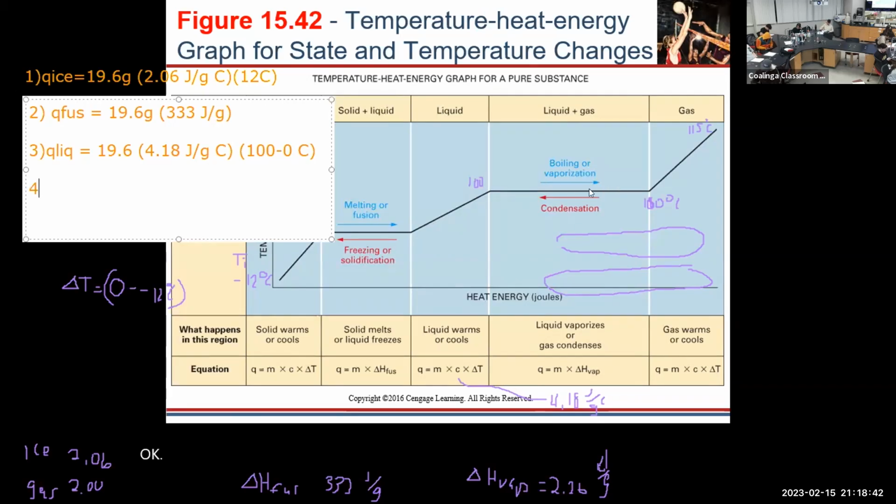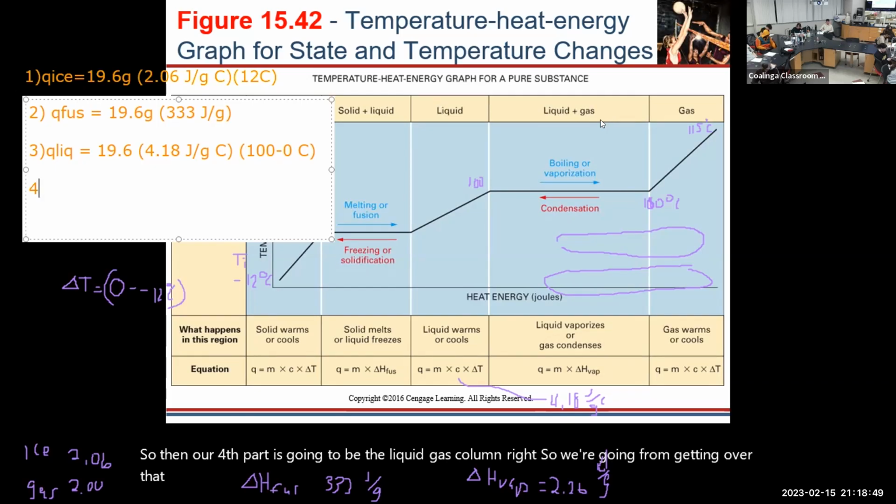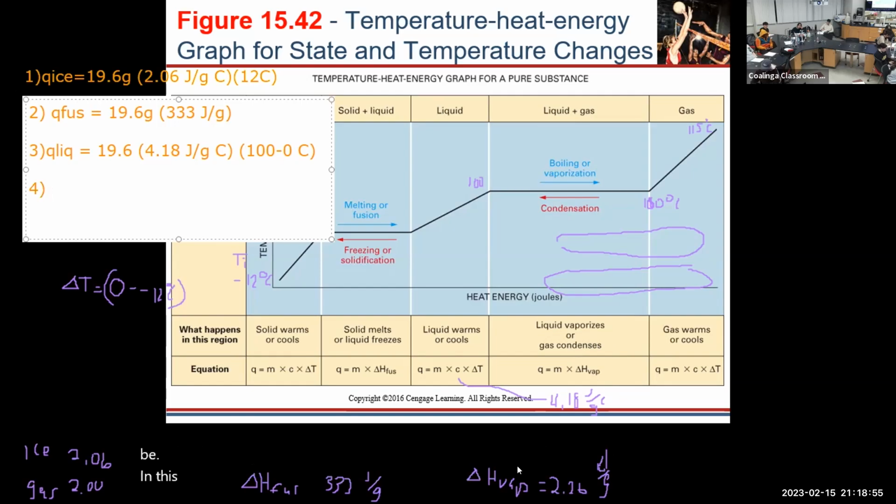Okay, then our fourth part is going to be the liquid to gas column. So we're going over that hump again. In this case, we're going to use the delta H again, which is vaporization.